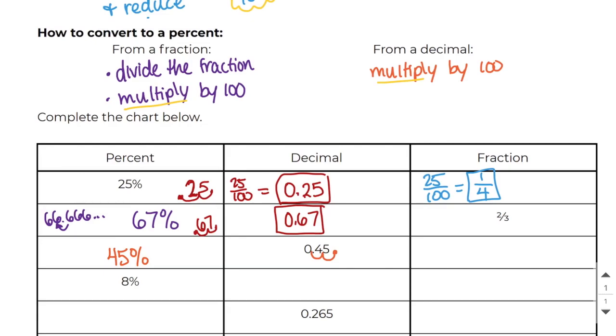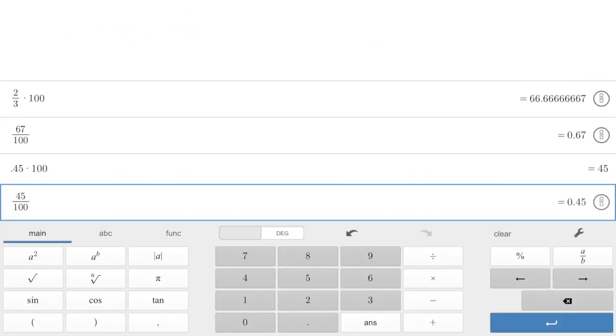For a decimal, we would move it to the left. So we would get 45%. Now to write this as a fraction, it would be 45 over 100. When I type that into Desmos, I get 0.45, which is what we were given originally, and then we can convert that into a fraction and it gives it to us in simplest or lowest form.